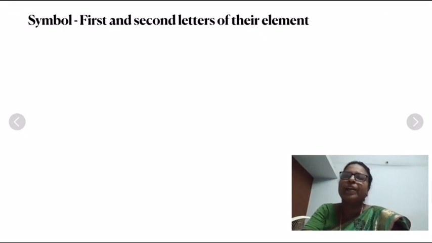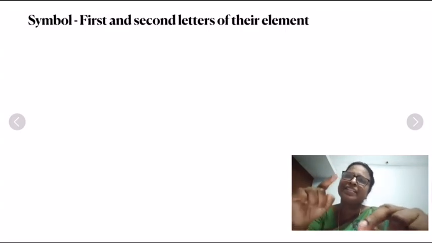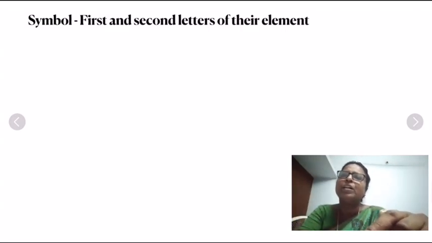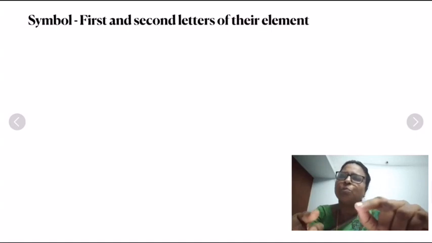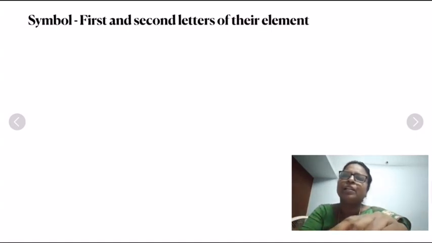Okay. Next. Some of the elements have the same first initial letter. The first letter is not always different, and we can use the second letter of the element. We cannot give every element the symbol, such as boron B, carbon C, copper C. C we cannot give, isn't it?